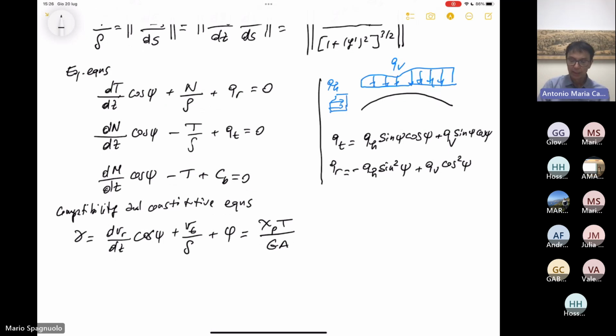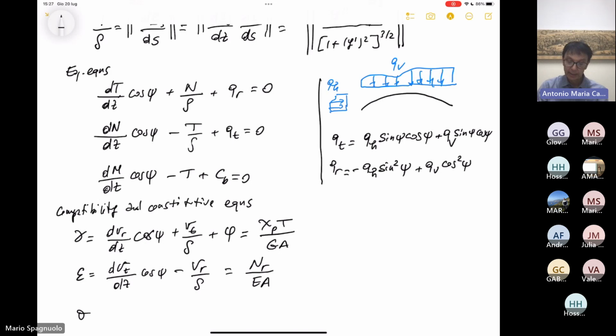Together, we are assuming zero eigenstrains for simplicity. Epsilon, the axial strain, is equal to dVt over dz cosine psi minus Vr over rho, and this is equal to the reduced axial force divided by EA, which is N minus M over rho.